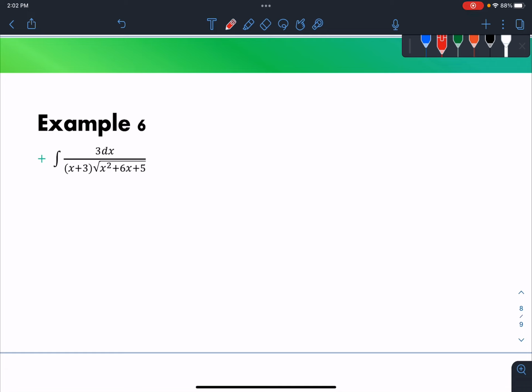A factor of 5 is 5 and 1. So if we make it (x plus 5) and (x plus 1), I'll be able to factor this out. However, I won't be able to do anything then. Anyway, we'll be doing the same thing. So I'll get half of the middle term, which is 6, and then square it. So half of 6 is 3, and then square it, that will be 9.